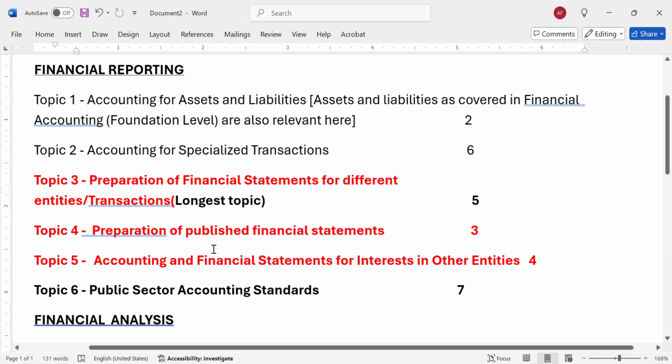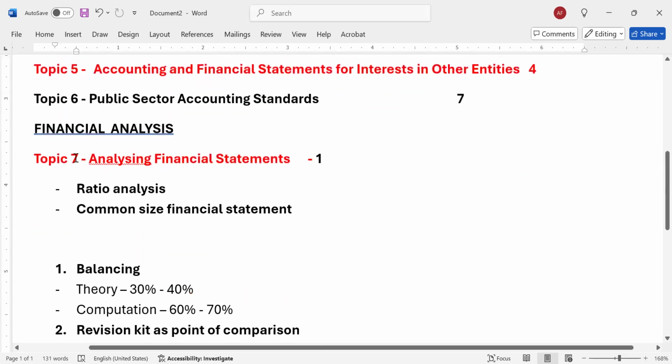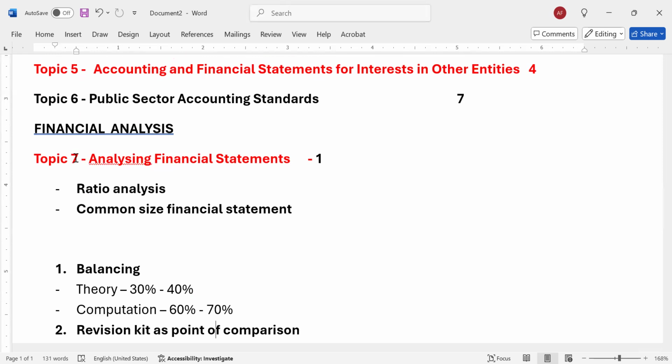So today was just an overview and a review of what you are expected to do. Tomorrow in our class, we are going to start with topic number 7, which is analyzing financial statements. We are going to start with common size, and I'm 100% sure that tomorrow we are going to clear common size financial statements and partly introduce ratio analysis.